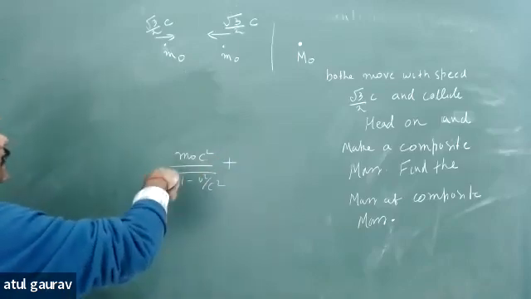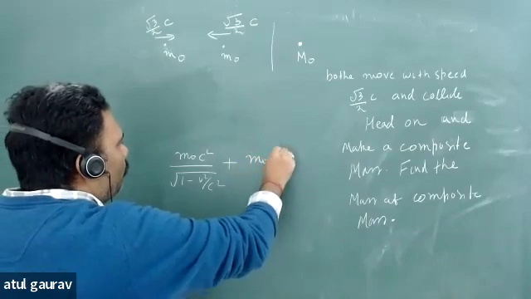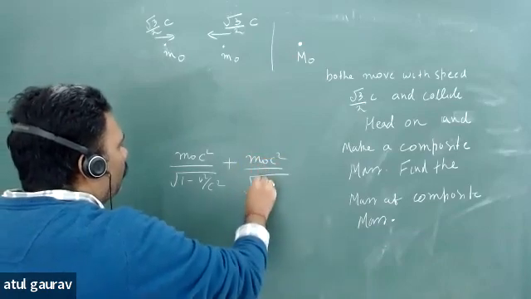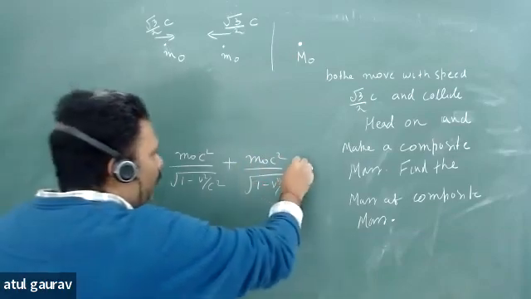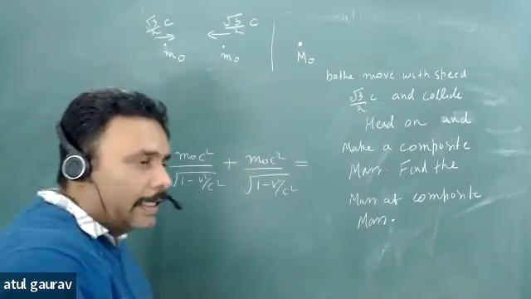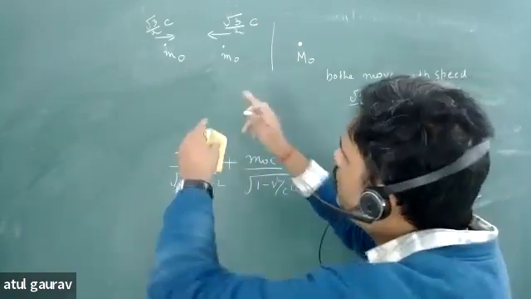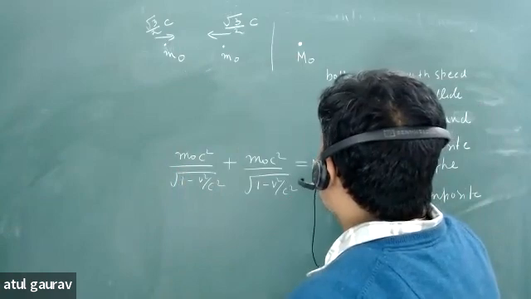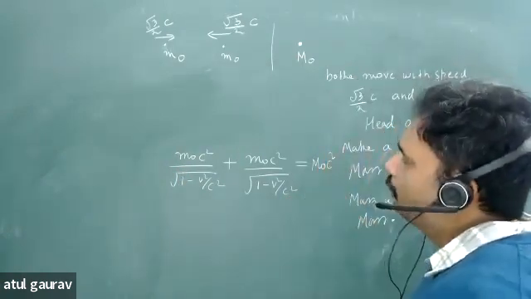And similarly, the total energy of the second particle is m naught c square root under 1 minus v square upon c square. And that must be equal to the rest mass energy, isn't it? Why? Because due to conservation of momentum, this particle appears to be at rest. So that is capital M naught c square.